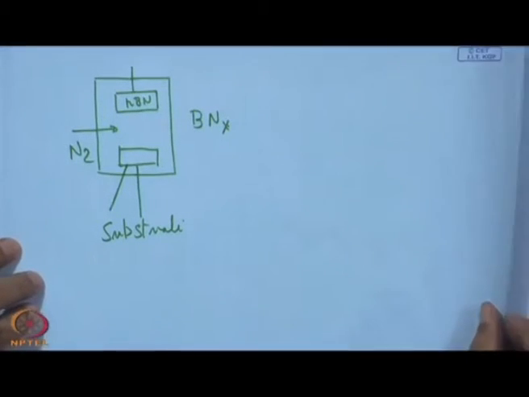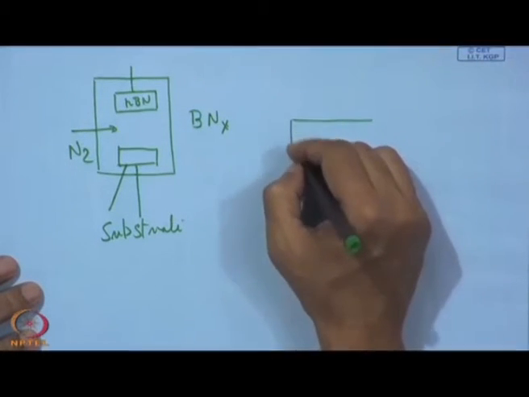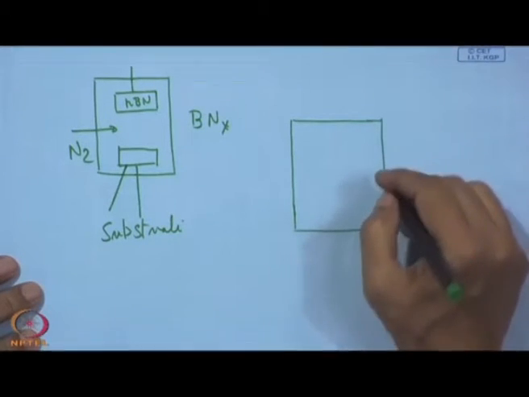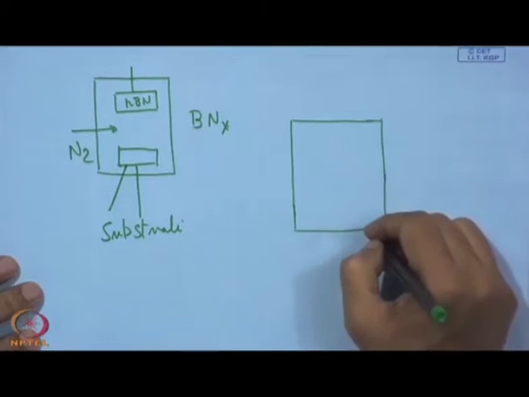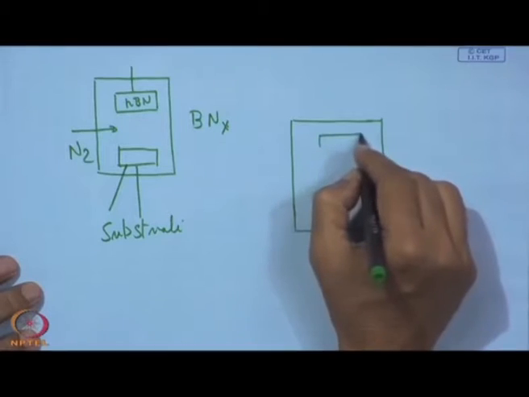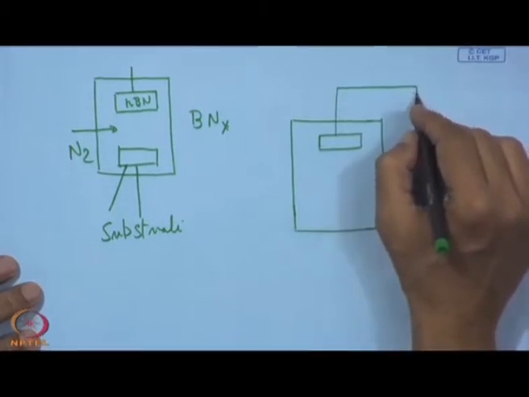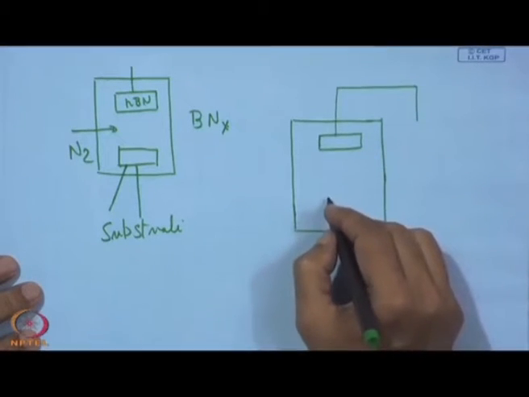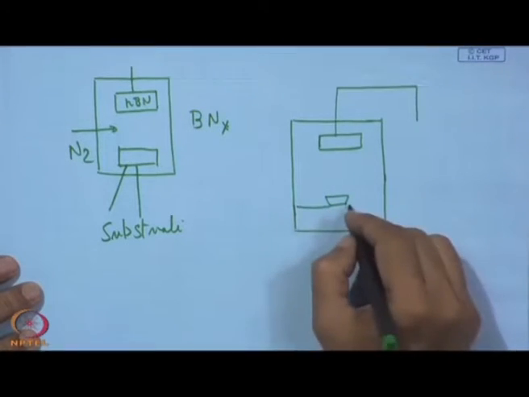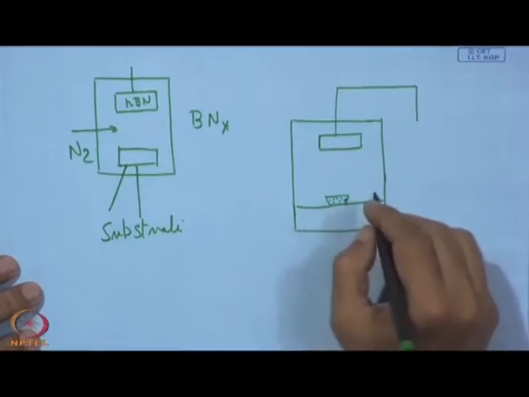So, following this issue, there had been another method of doing this. The substrate is here, and what we have here is a crucible consisting of HBN.